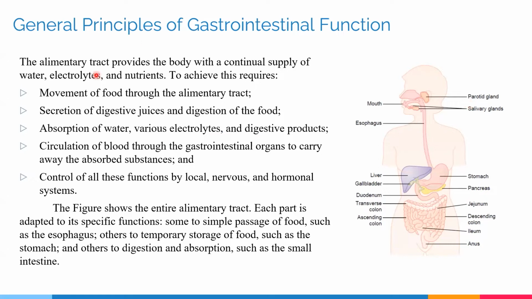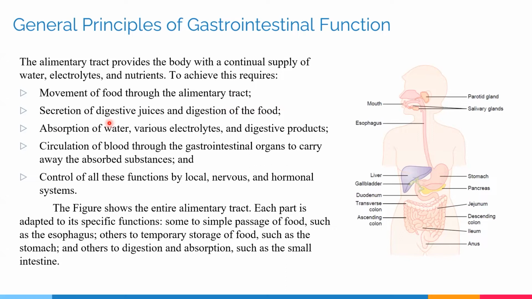The alimentary tract provides the body with a continual supply of water, electrolytes, and nutrients via intake through the mouth. To achieve this requires movement of food through the alimentary canal, which runs lengthwise across our body from the mouth right to the anus.